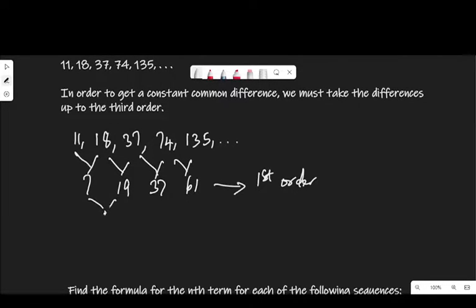Now taking the second order difference, 19 minus 7 is 12, 37 minus 19 is 18, and 61 minus 37 is 24. Again, the second order difference is non-constant.